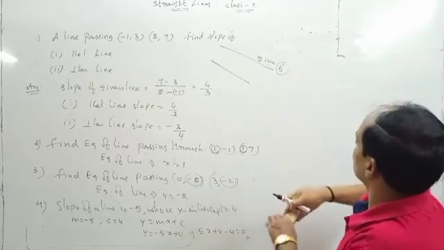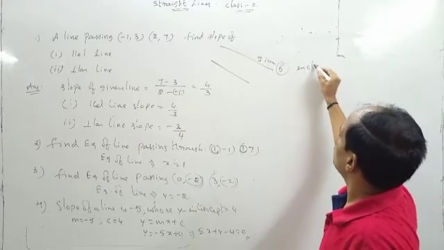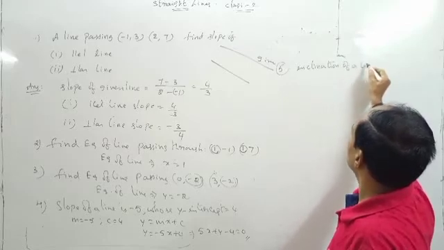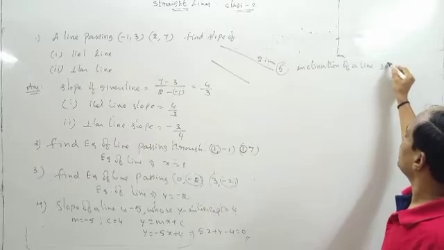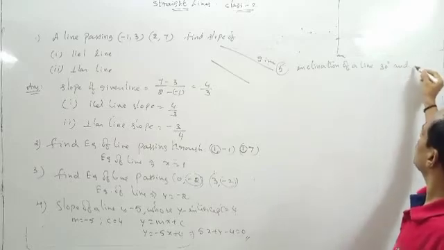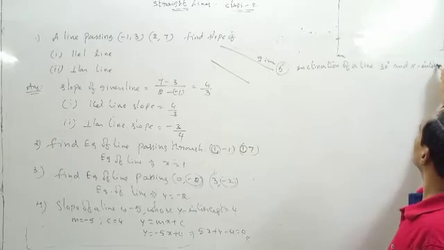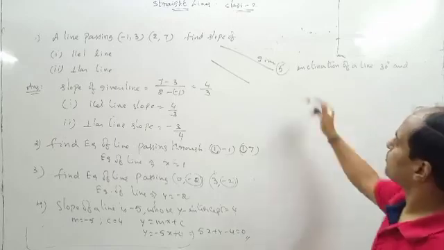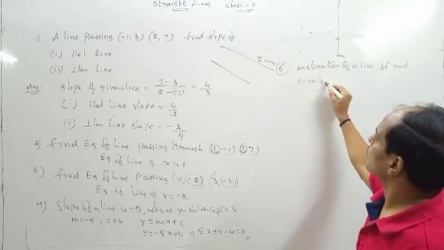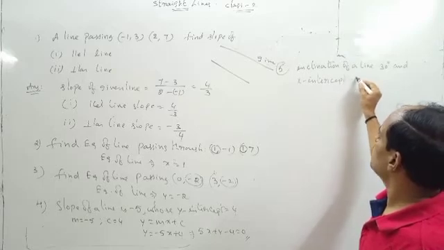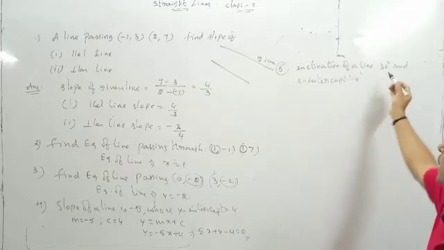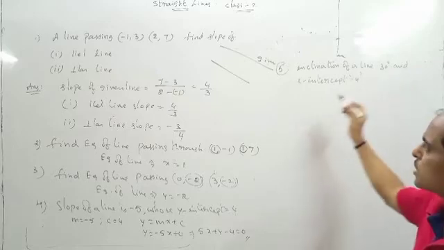The inclination of a line is 30 degrees and the x-intercept is minus 4. Find the equation of the line. You see, inclination is given. When inclination is given, what is the slope?